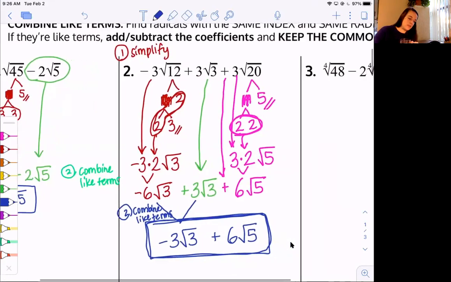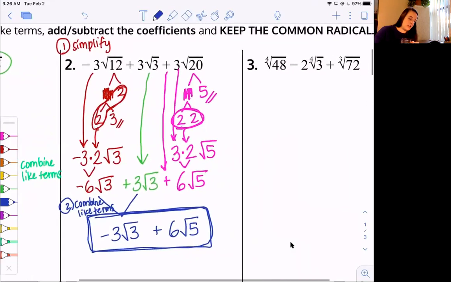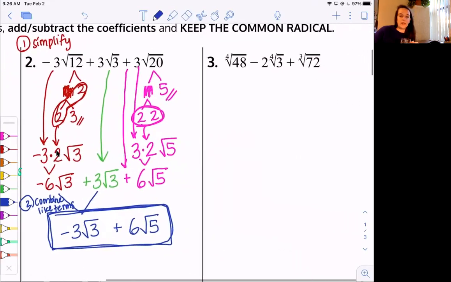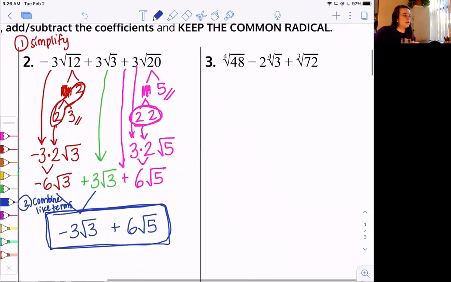All right, team. We are going to do one more here. Before we jump in there, go ahead and take a moment to write this down, as well as answer this poll. How are we feeling on this topic so far?